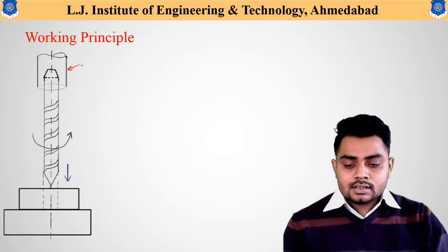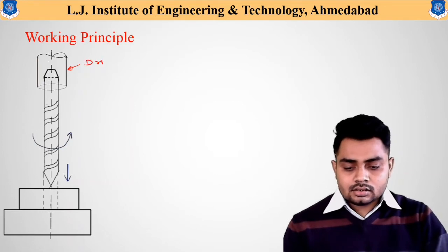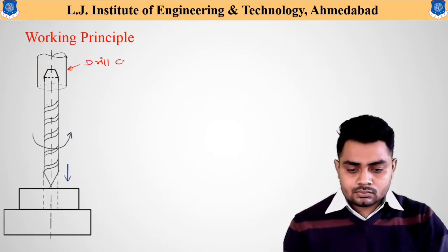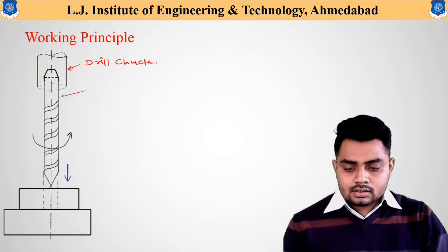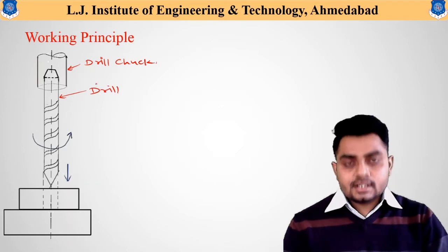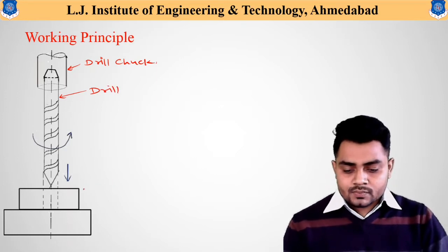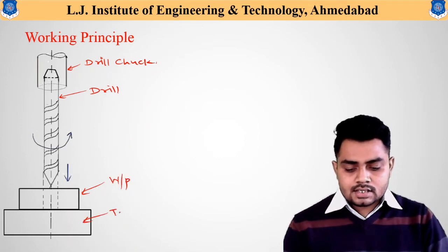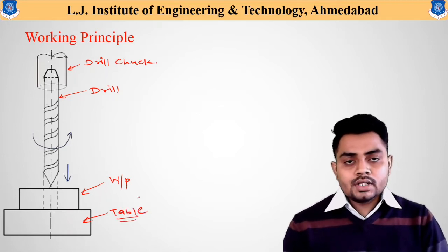First one, this is the drill chuck. Here this part is the drill bit, which is rotating. This is the workpiece, and the workpiece is resting over the table, which provides support to the workpiece.